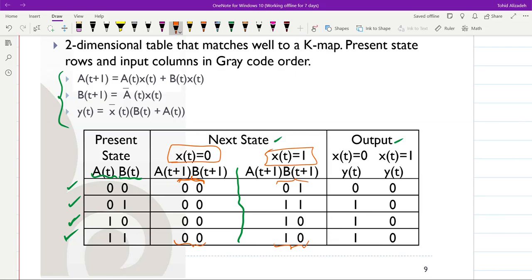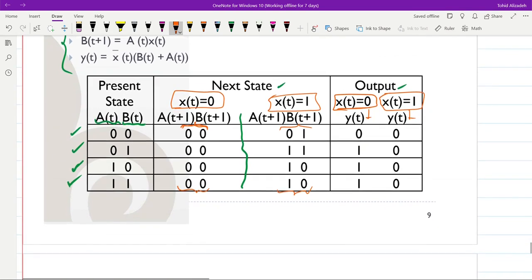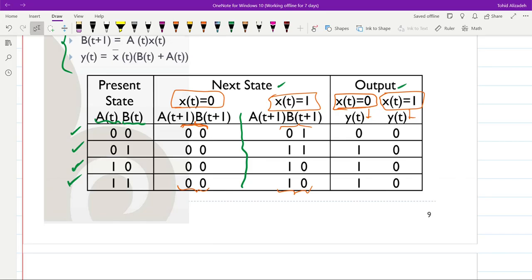And then for the output, when x is equal to 0, we have 1 column, and when x is equal to 1, we have the other column. So sometimes this kind of state table, which is more compact, could be more useful than the normal way of having the state table. It will also depend on the application or on the circuit that you are going to analyze or design.